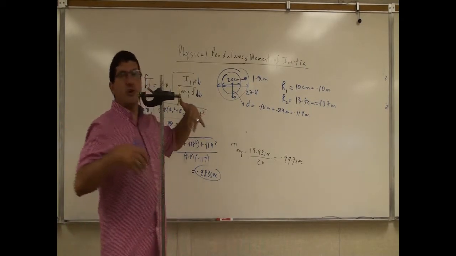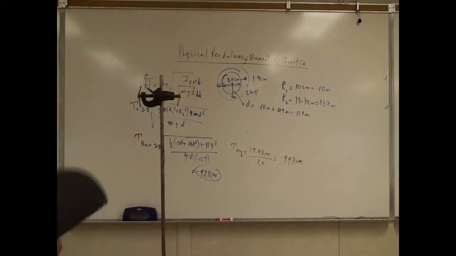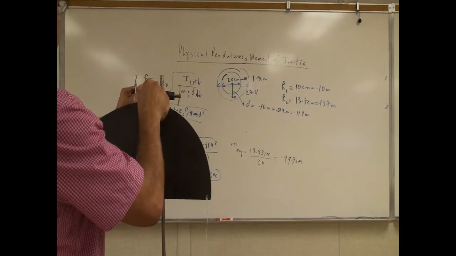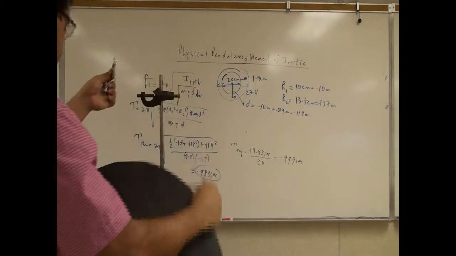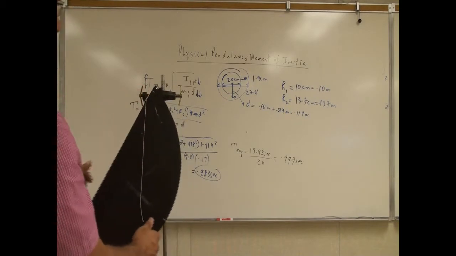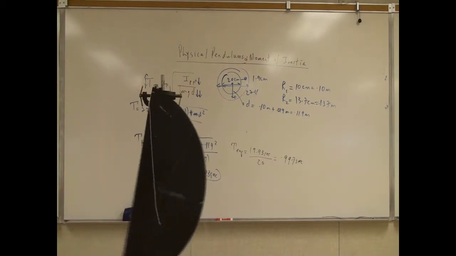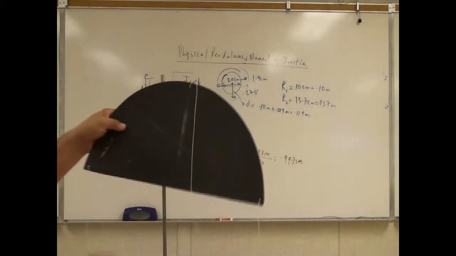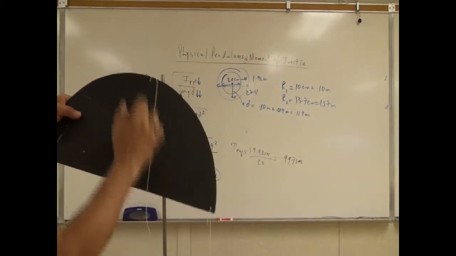So then I can now do any other kind of shape too. Okay, so I could do some other shapes like this. I could put it from this corner, measure the period of oscillation. This is basically half of an ellipse. This distance is larger than this distance.